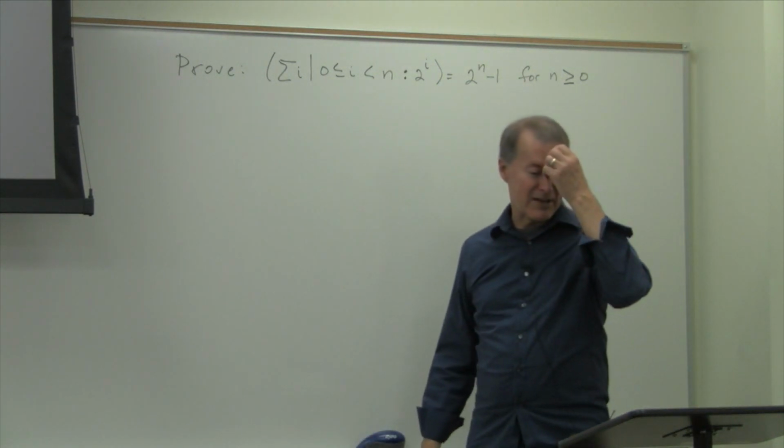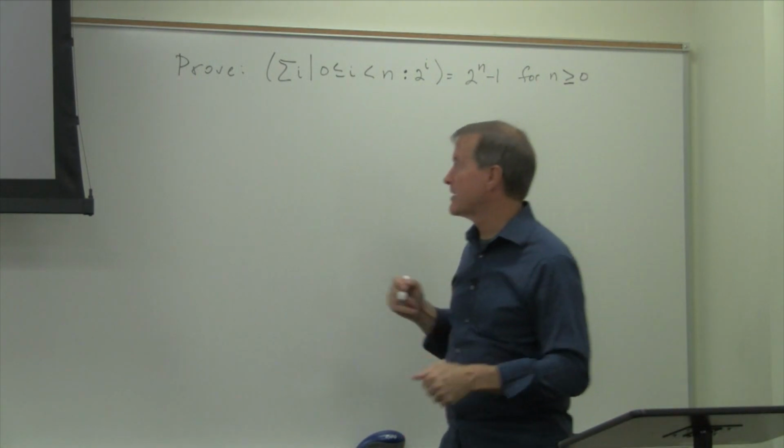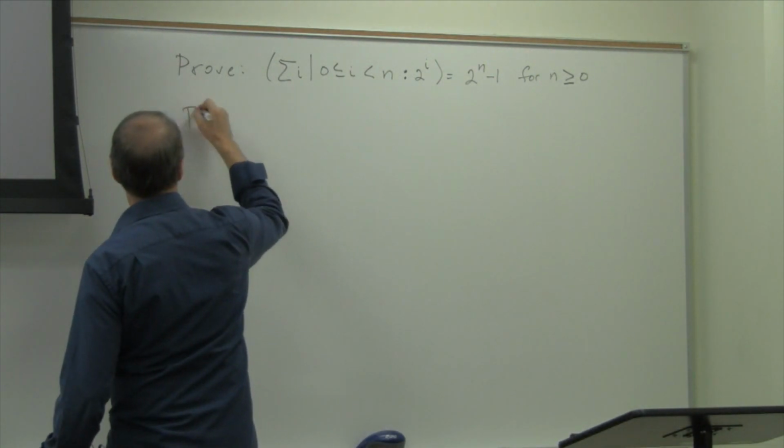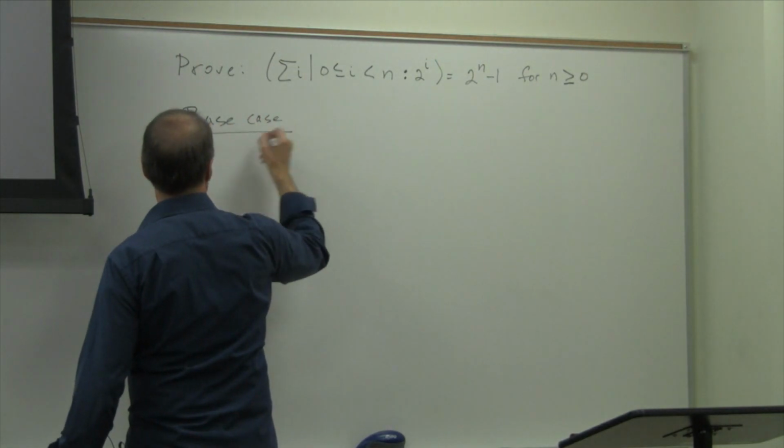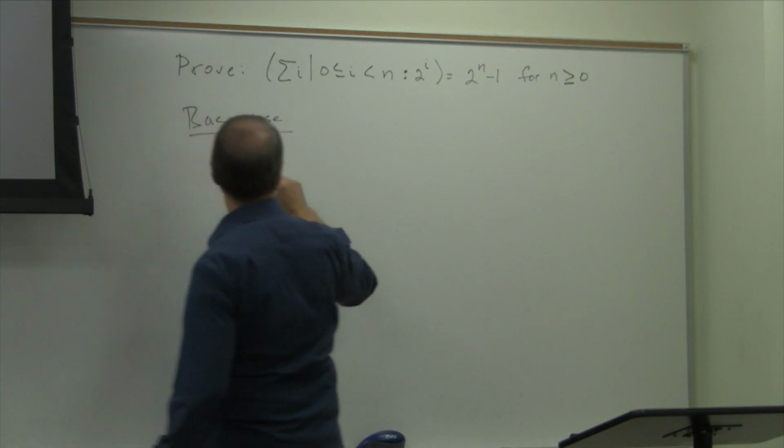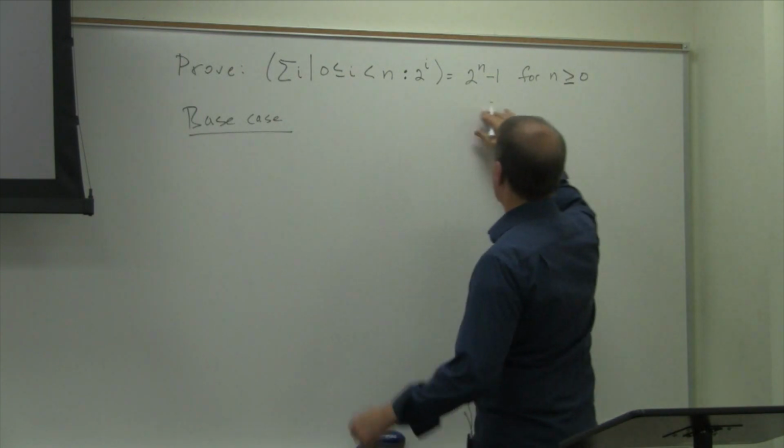So that's our example of how it works, but now let's prove it. So what do we write down first? Base case. So what must we prove? It's true for 0.